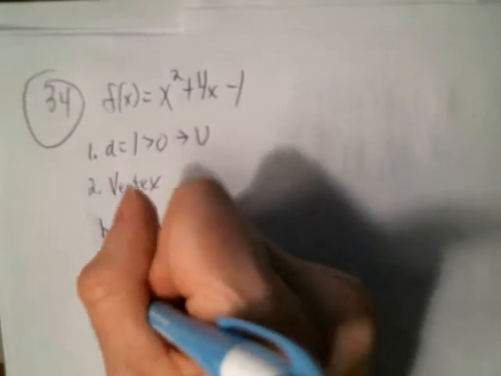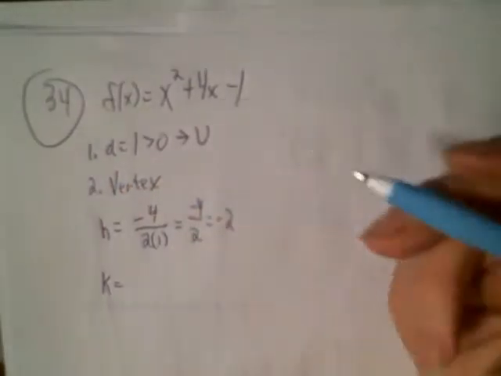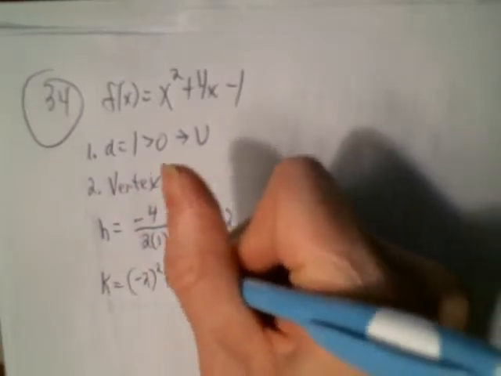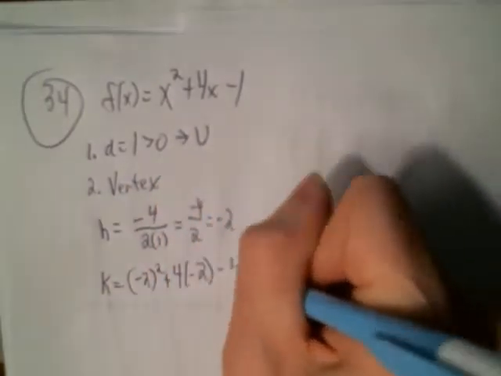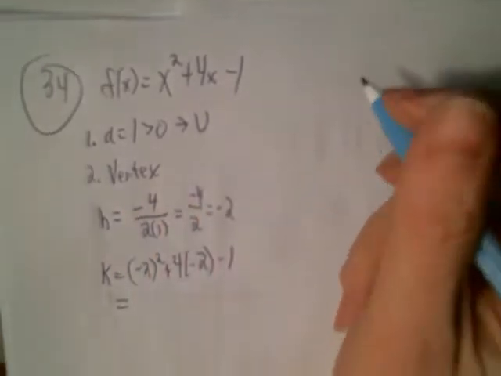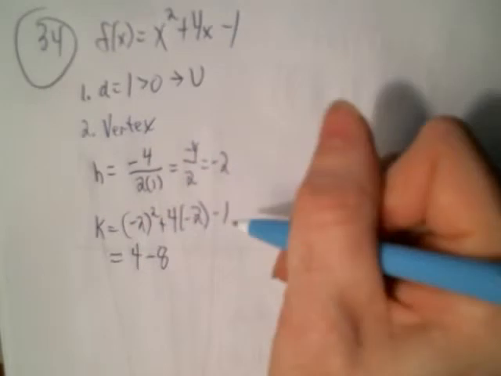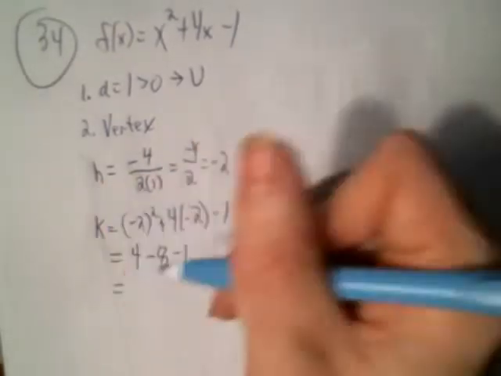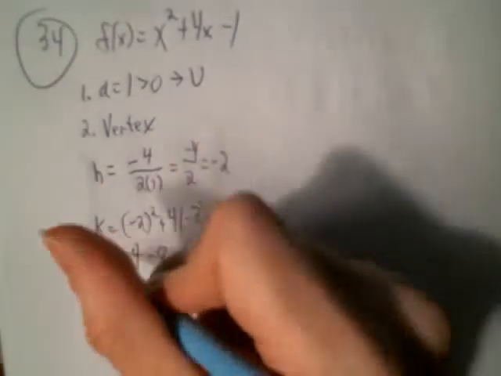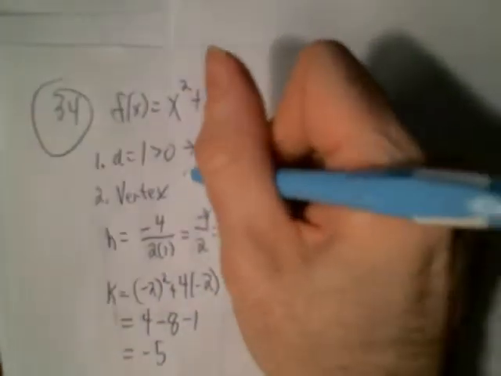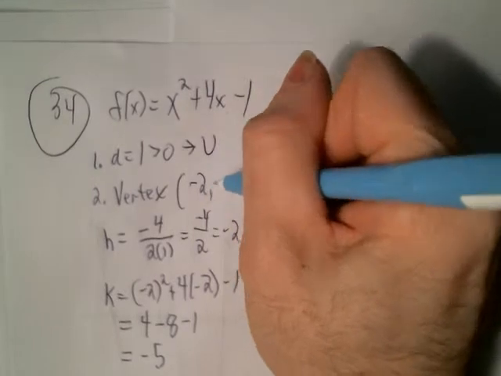The y-coordinate, then, you plug this back into the function, so you get -2 squared plus 4 times -2 minus 1. -2 squared is 4, minus 8 minus 1. So -9 plus 4 is -5. Okay, so our vertex apparently is -2, -5.